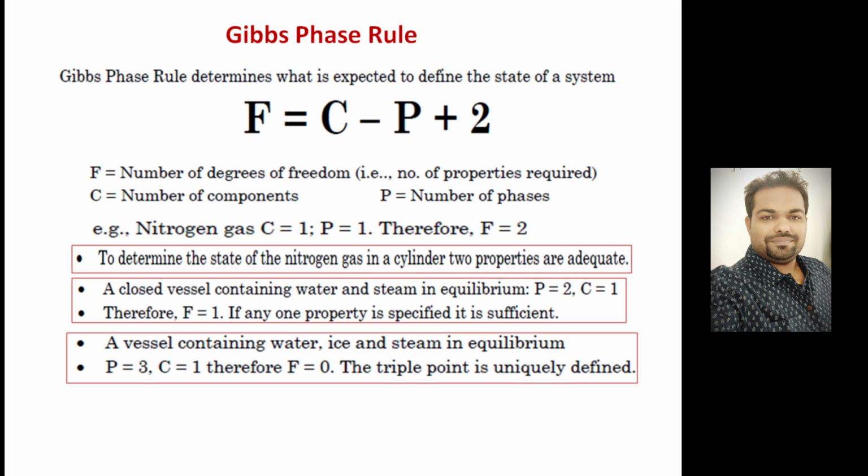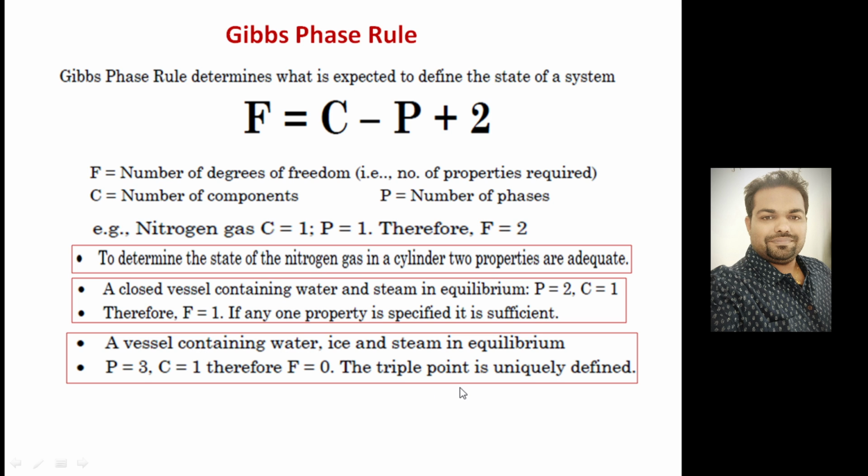So the triple point is the temperature at which all these three phases come into equilibrium. So the triple point temperature alone is sufficient to define the state of the three-phase zone of water, ice and steam.